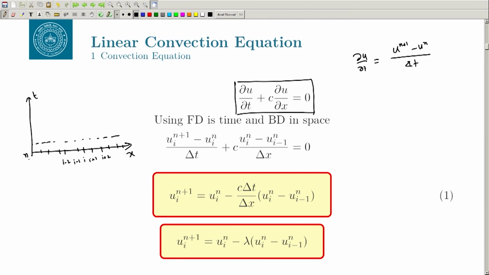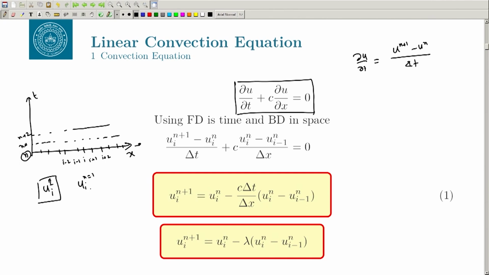Everything is known at this n, let us say n equal to 1. So, you know what u_i is at n equal to 1 everywhere.